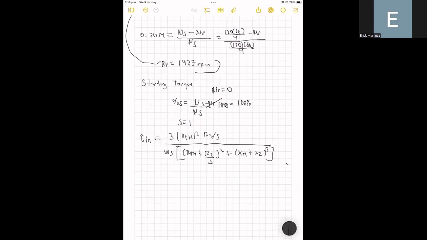Here the slip is equal to 1, and here the slip is also 1. And we also have all the other values, so it's basically a question of plugging in the values that we know.